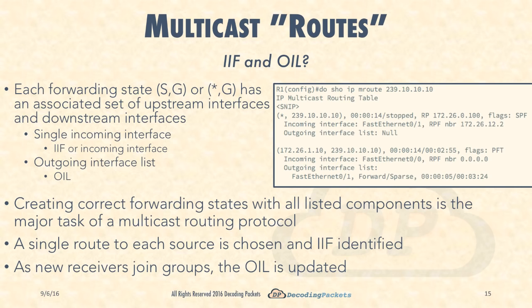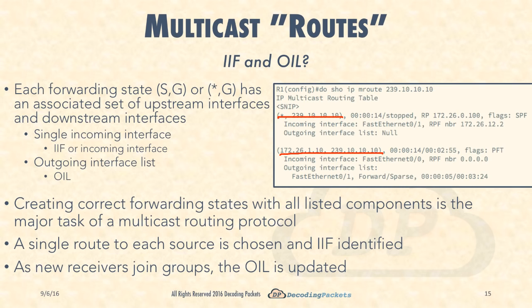Now, more information. So we've already talked about what particular route or what particular forwarding state I am collecting information for. So that information really is residing here. These are the forwarding states or the routes I'm collecting more information for. In unicast, that information would be the attributes: the next hop, the metric, the exit interface.